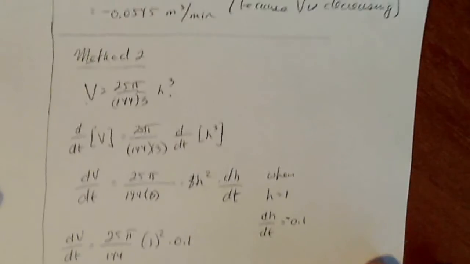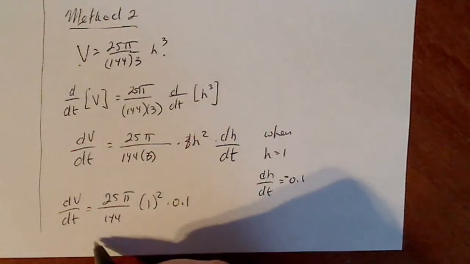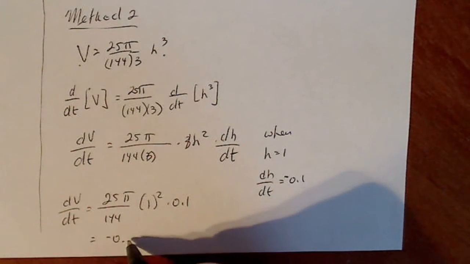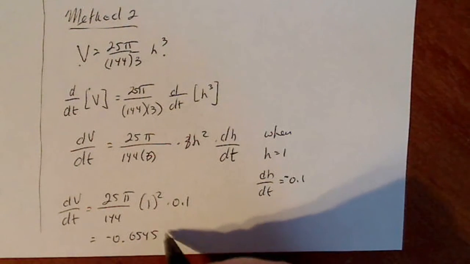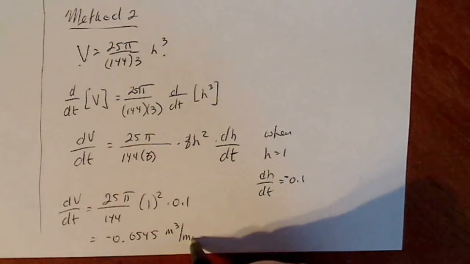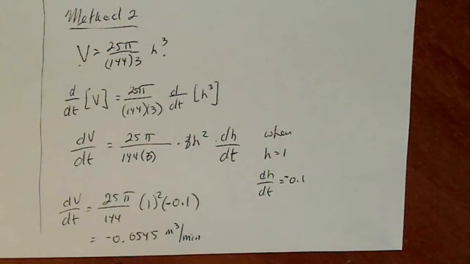And if you notice, that's exactly what we got right here. So this becomes negative 0.0545 cubic meters per minute. Let me put my negative in here to be proper.